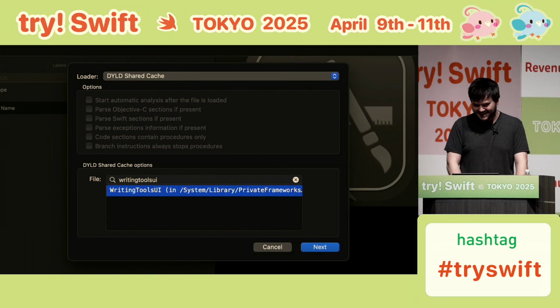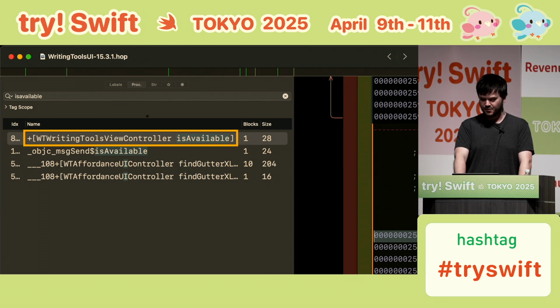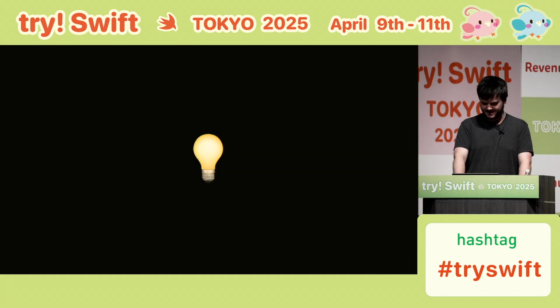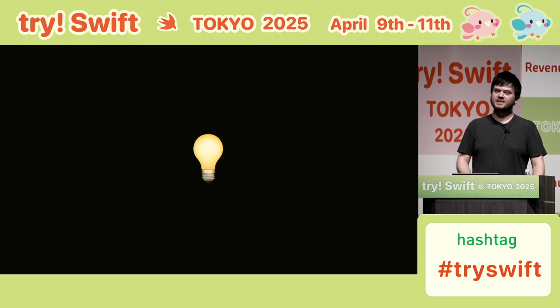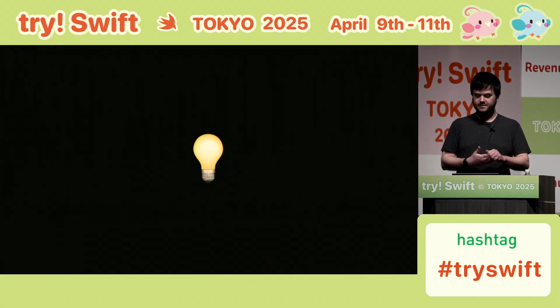If I once again load the DYLD shared cache into Hopper and search for Writing Tools UI, I can see a private framework with that name. Once loaded, I can confirm that this framework has a WT Writing Tools View Controller class that implements the isAvailable method.